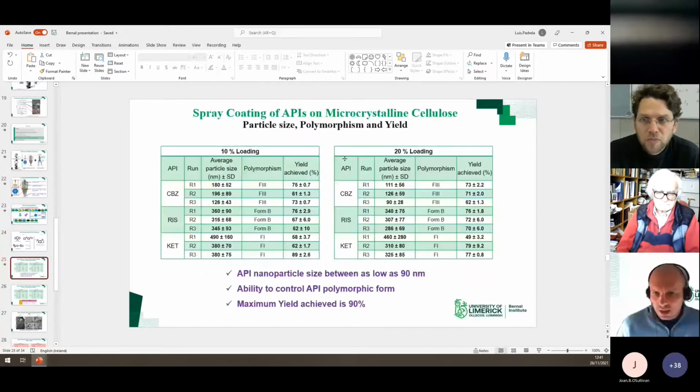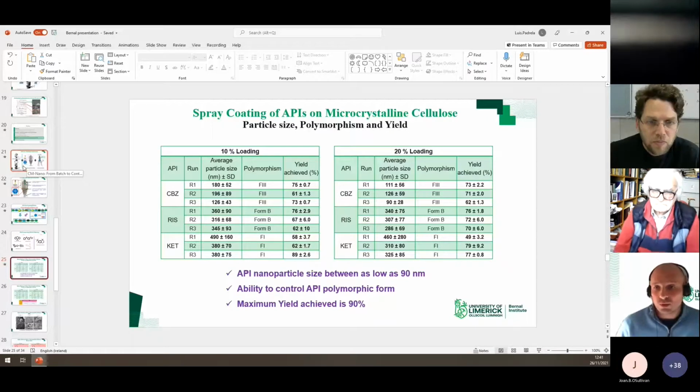The challenge there is that those results are for 10% loading of the API onto an excipient, in this case MCC. He could go up to 40%, but he was having issues sometimes with homogeneity of the coating of the API onto the excipient particle.